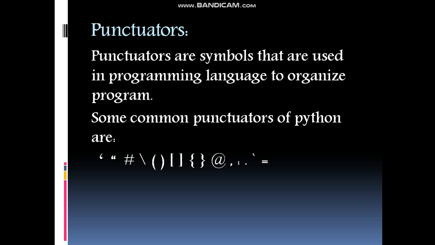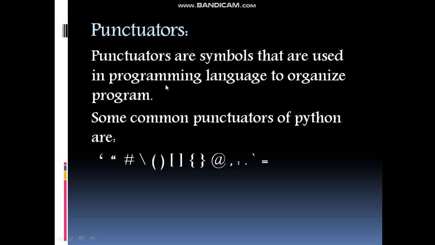Similarly in programming also there are certain symbols which are used for determining where to start, where the program instruction has ended, and whether to wait for certain instructions to execute or not.